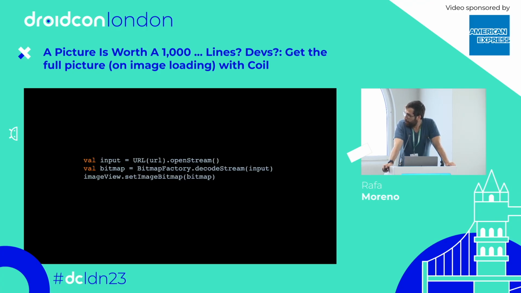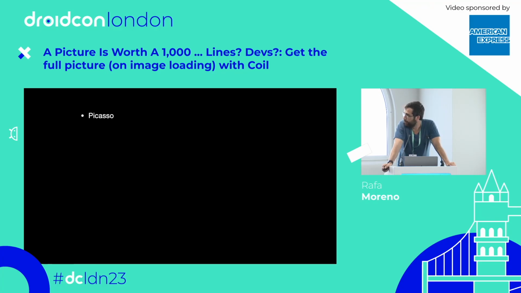We get the bitmap and then we set it on our image view. So these 3 lines, for whatever reason, we have all of these open source libraries that require lots and lots of hours, lots of contributors, to perform essentially what these 3 lines are doing. Fetch our image, decode it, display it on our view.